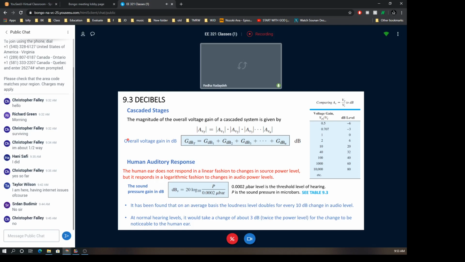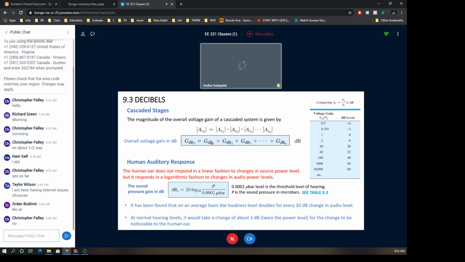Now, if you have this decimal value of the overall gain, you can express the overall gain in terms of dB. Instead of multiplying decimal values to find the magnitude of the overall gain, you can just add the dB gain provided by each stage individually, and the proof of that is very trivial.